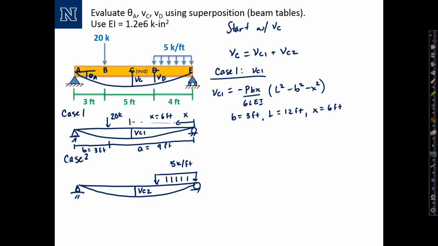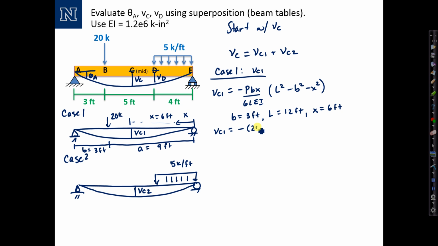Now notice I have EI in kip inches squared, everything else in feet, kip feet. So for now, I think I'm going to evaluate this equation and leave EI symbolic. It will be a little bit easier if I do that. Plug everything else in.